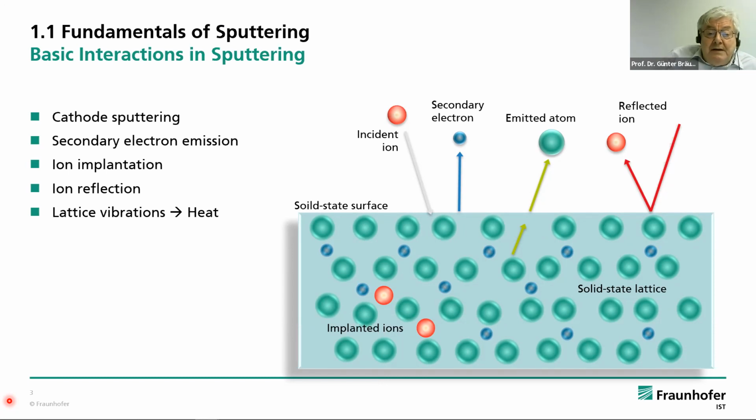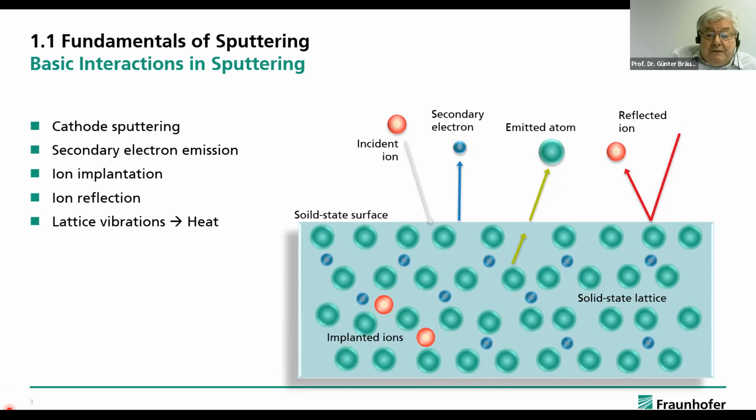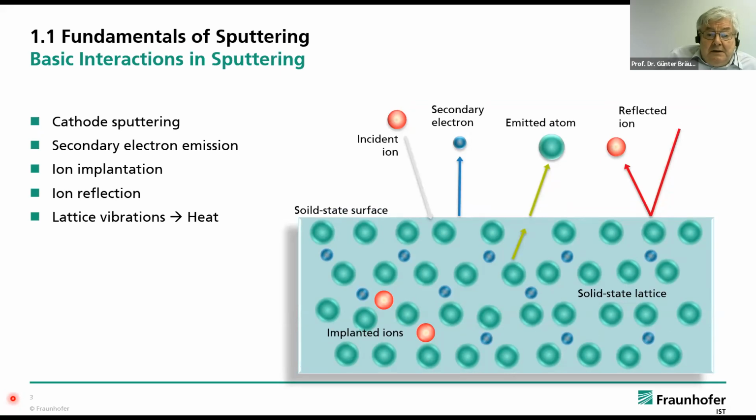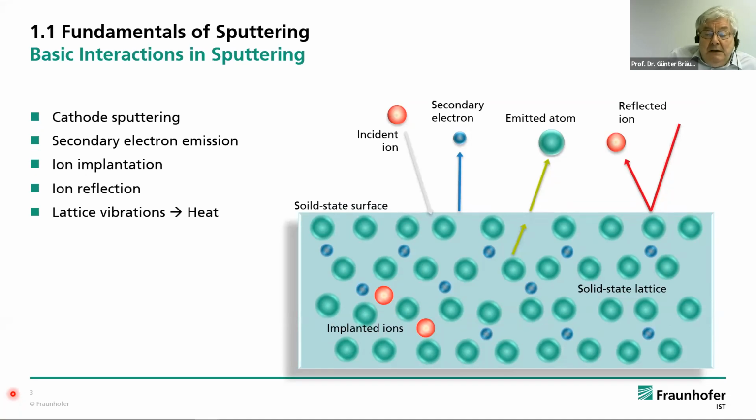There are basically 5 types of interaction. The first is the cathode sputtering. So that means an atom of the target gets enough energy to overcome the surface binding energy and then is emitted into the space, and by this a thin film is created.